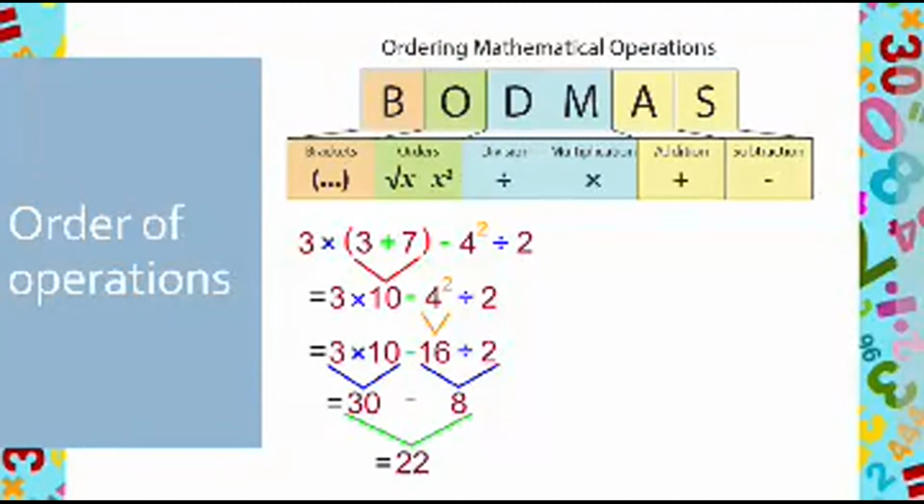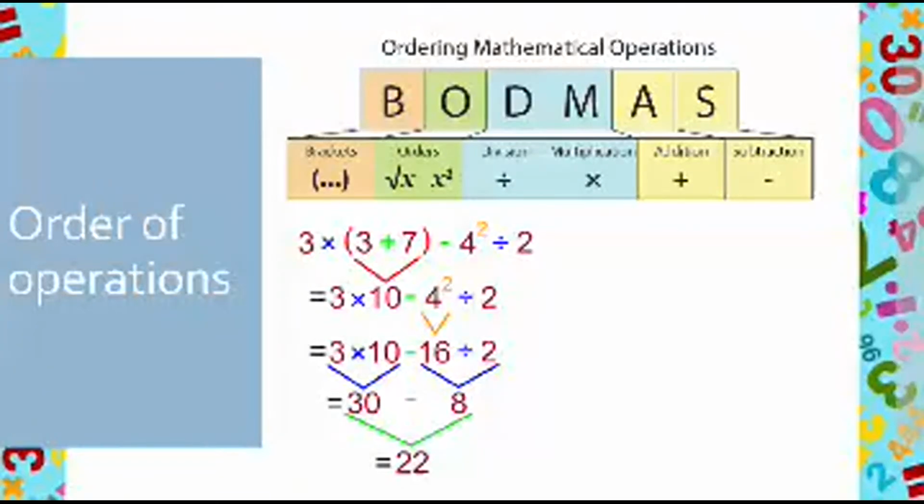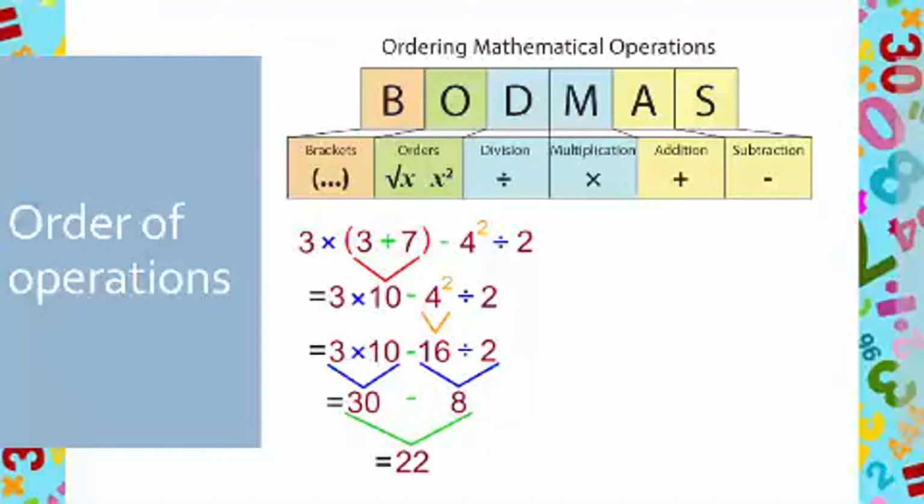You may not solve it, but you cannot just leave them and work only on one specific part. You have to write all your steps, write all your mathematical operations, and then solve one at a time in each step.